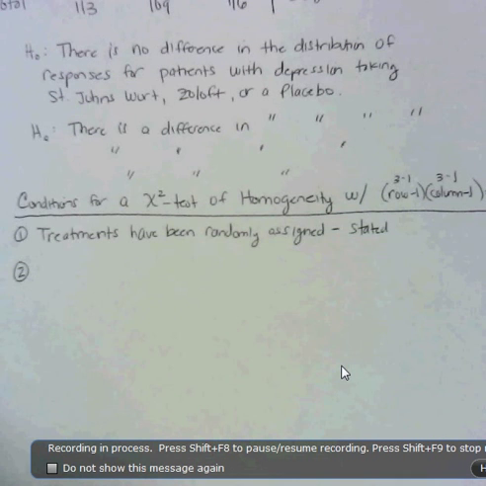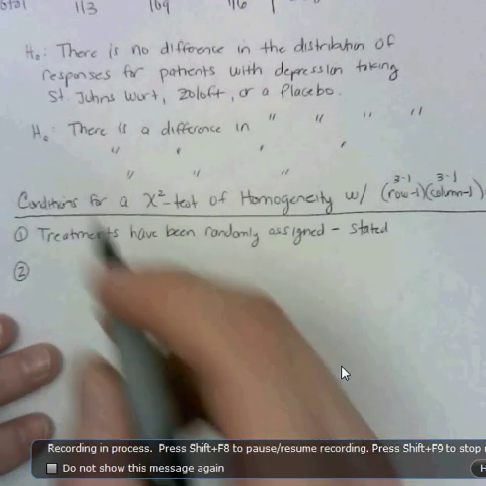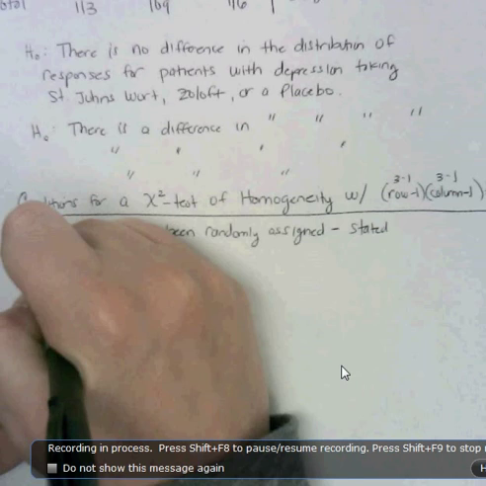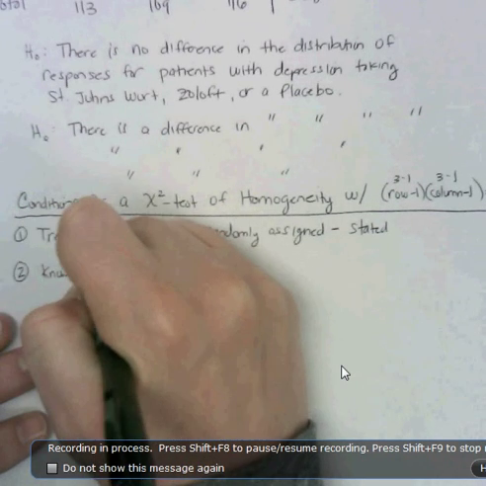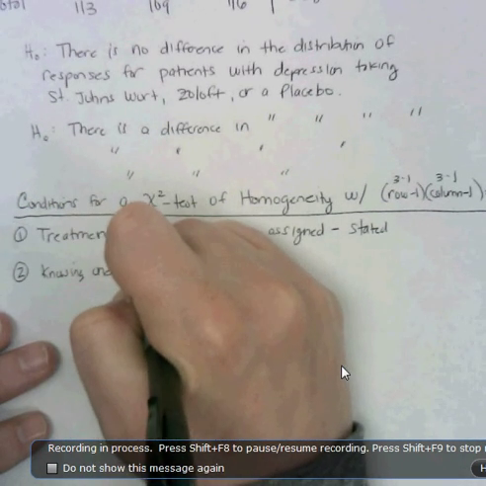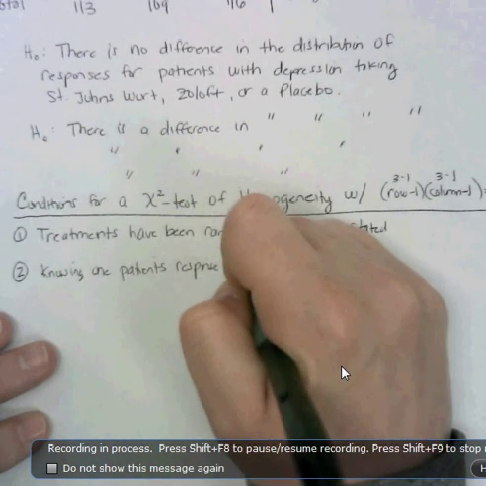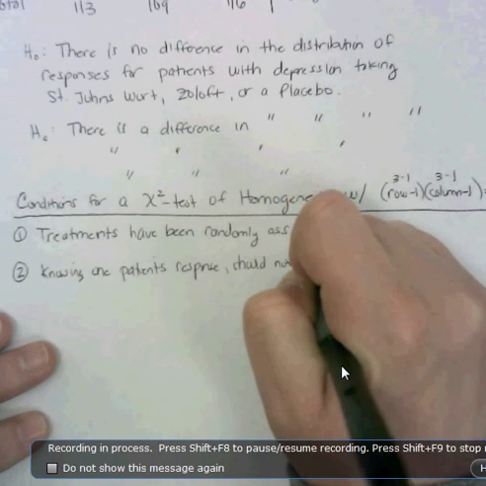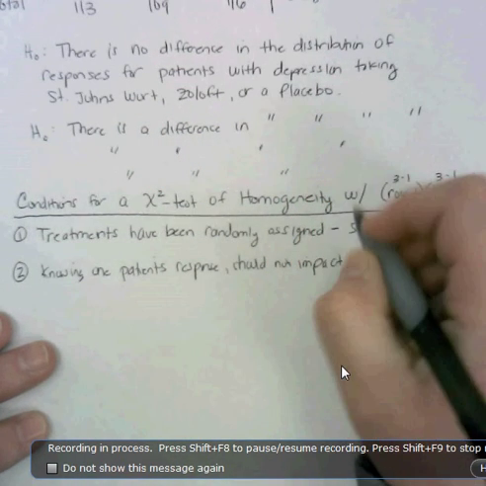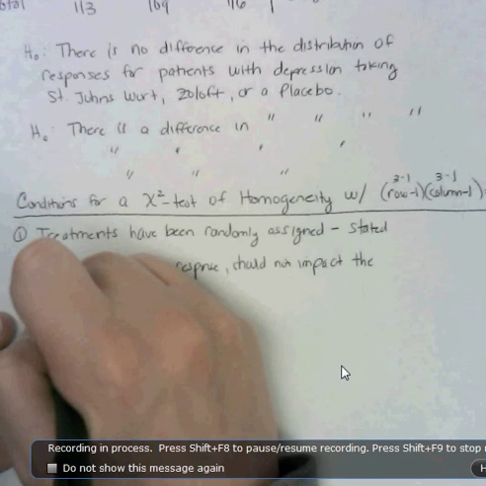What we'll just assume is that knowing one person's responses should not impact the other patients. So we'll just say, knowing one patient's response should not impact the next patient's.